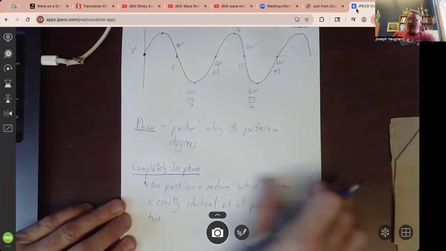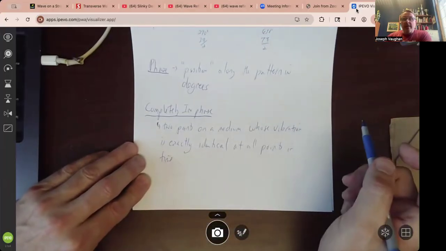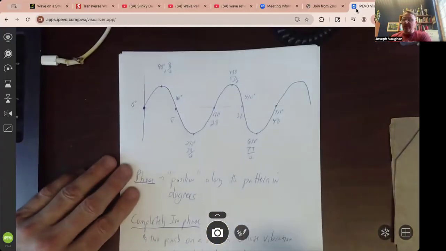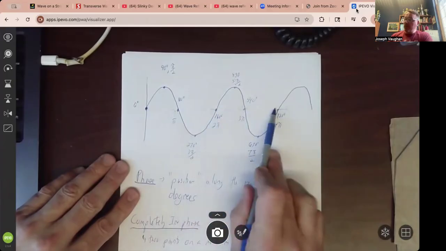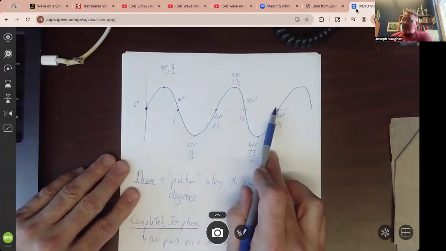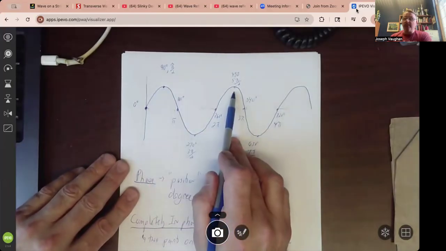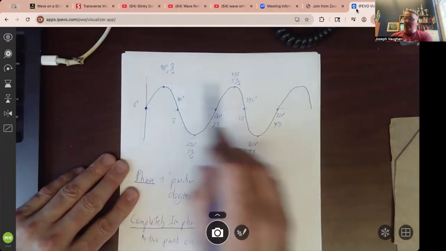Okay. Now, that's what they are, but how far apart are those points? If you notice, those 2 points, those 2 points, those 2 points, every single time I'm doing that, that is exactly one wavelength apart. But notice also, this crest would also do exactly that.